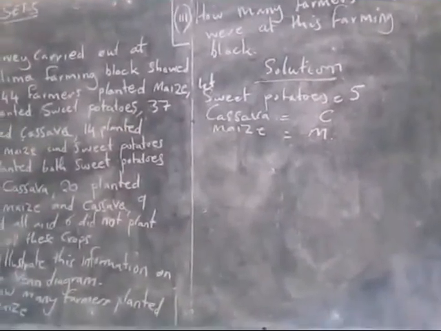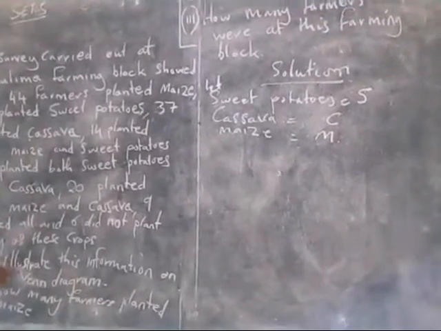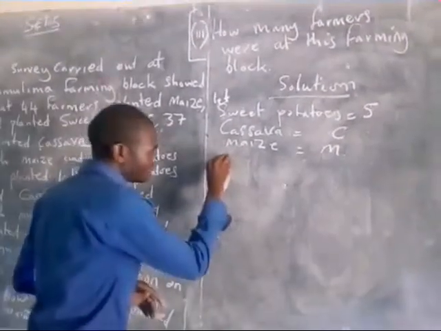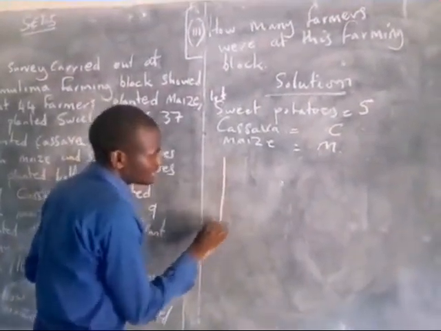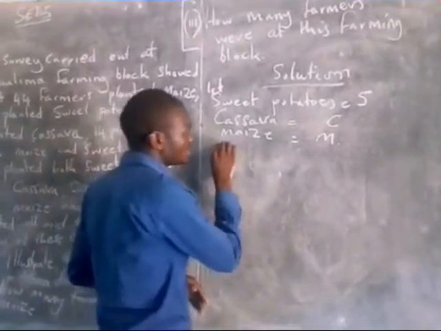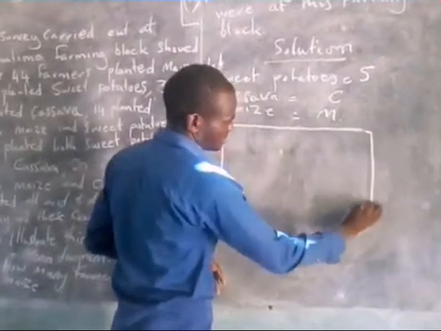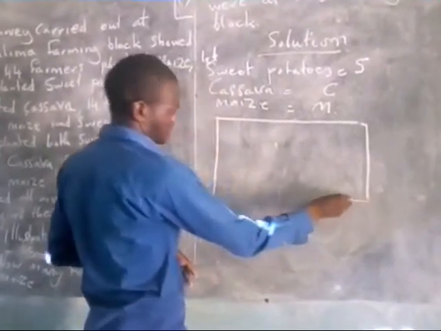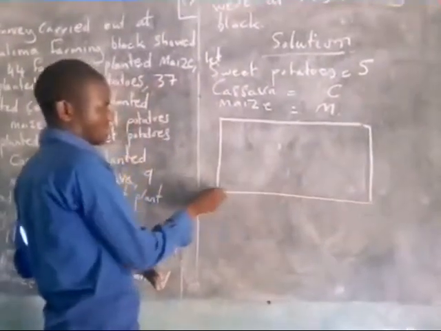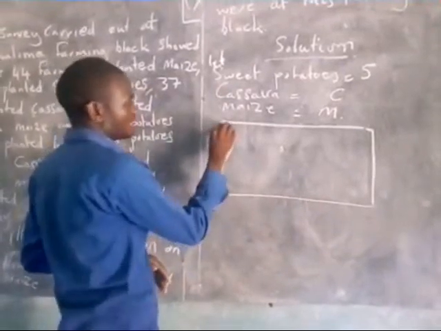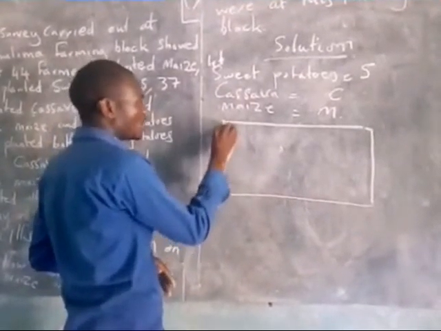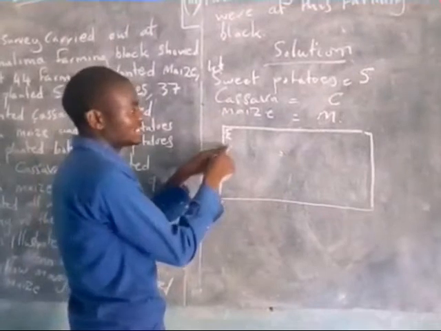So how do we come up with a Venn diagram? We first draw the universal set, with the letter E at the corner, which means universal set.